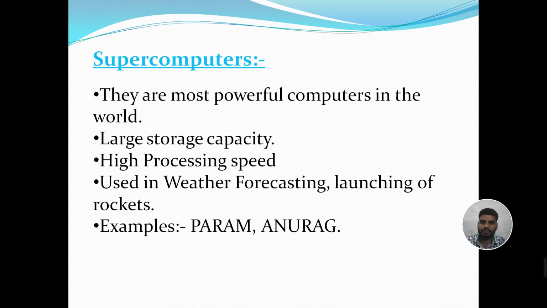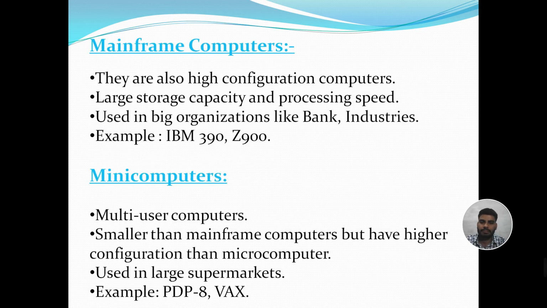Now let's move further. Mainframe computers. They are also high configuration computers with large storage capacity and high processing speed. They are multi-user computers, and hundreds to thousands of users can work at a time on these computers.